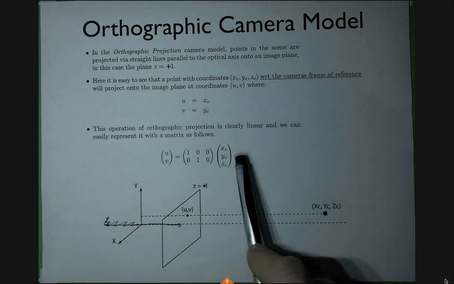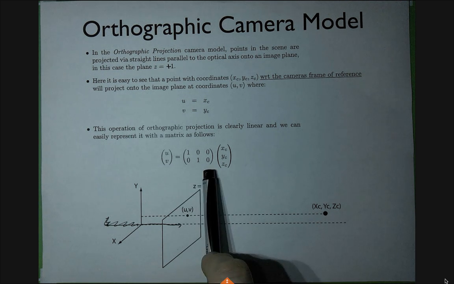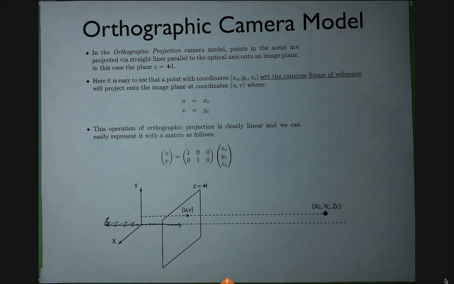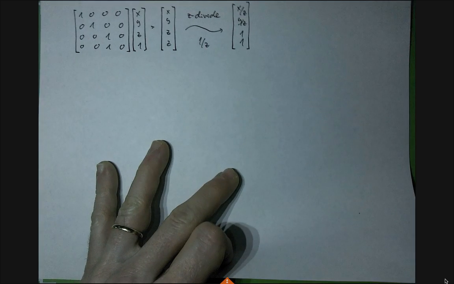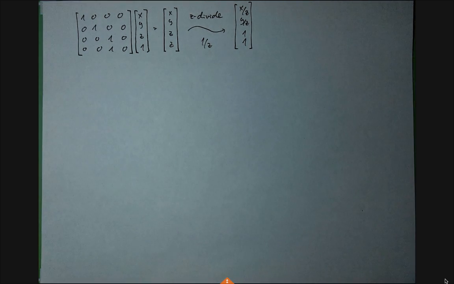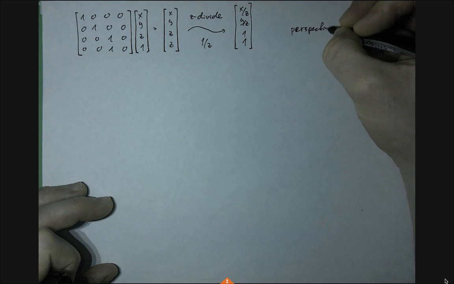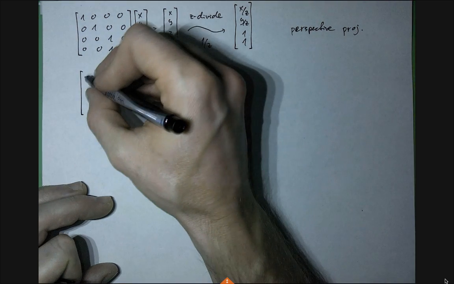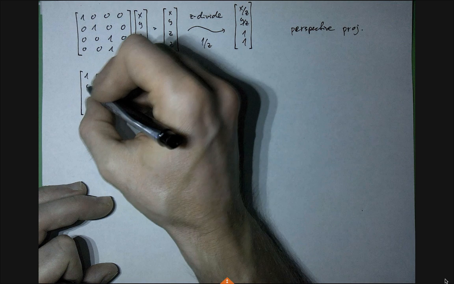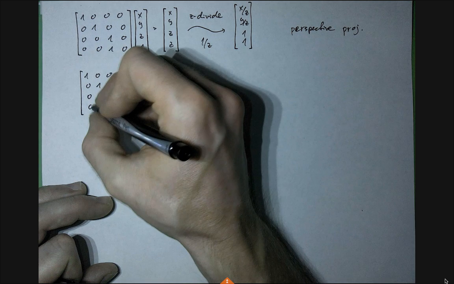So this is a perfectly linear transformation, which we can write like this. This matrix, all it does, it discards the last component. If I wanted to write it in 4D homogeneous coordinates, I would write, so this would be the perspective projection. And if I wanted to write the orthographic one, I could do this: 0, 1, 0, 0, and here, let's not get this wrong, like this.